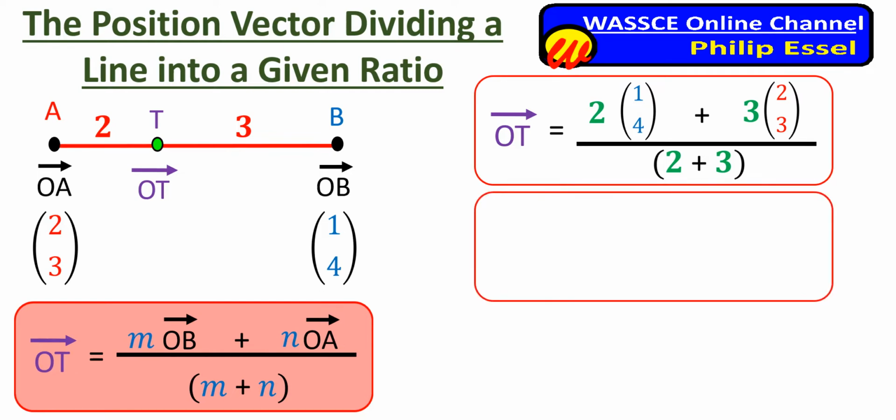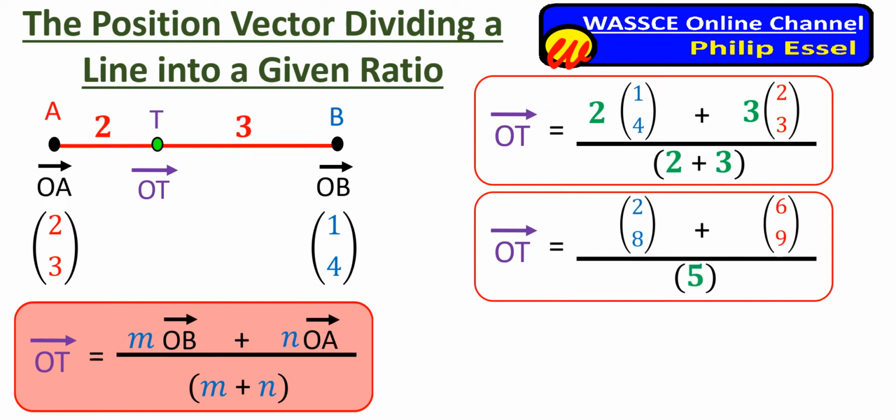At this point, we apply simple arithmetic to arrive at our final answer, the vector OT. So our vector OT will be equal to the vector (2, 8) plus the vector (6, 9).